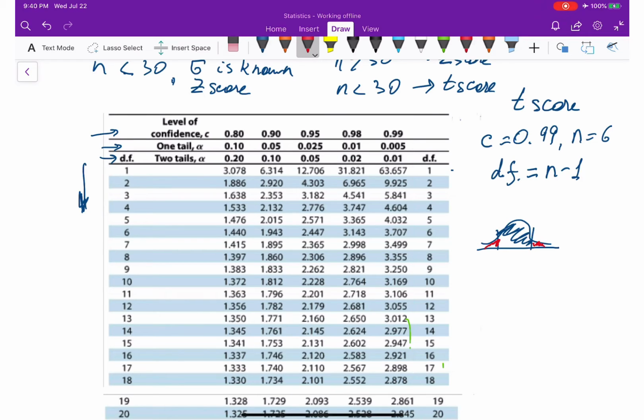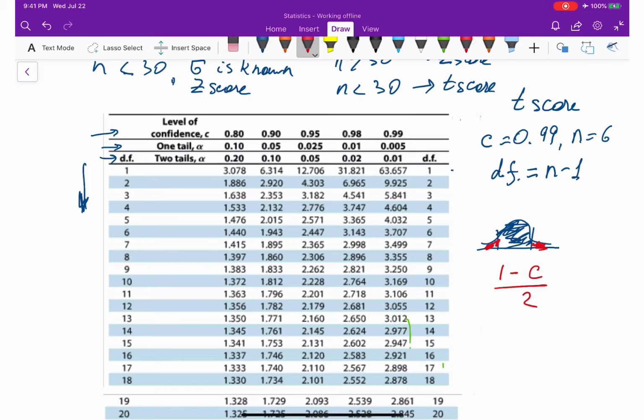So error is going to be equal to 1 minus this confidence level. But this will cover two tails. If we need one tail error, all we do is divide by 2.